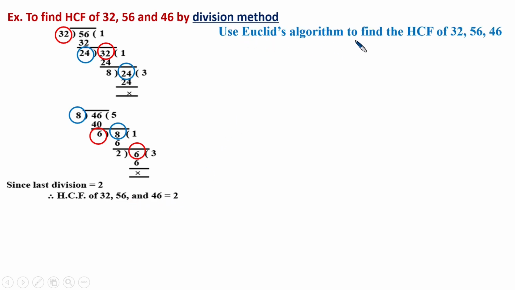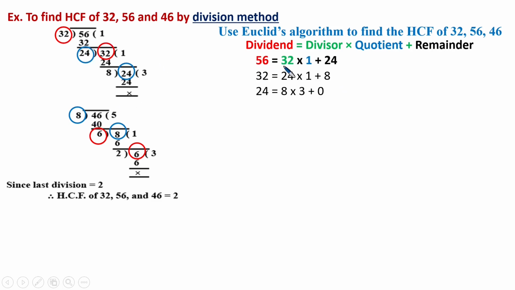So use Euclid's algorithm to find the HCF. The dividend is nothing but divisor into quotient plus the remainder which we will have. So here 56, which I have written, is nothing but 32 into 1 plus 24. Now 32 was your divisor, you bring it here.